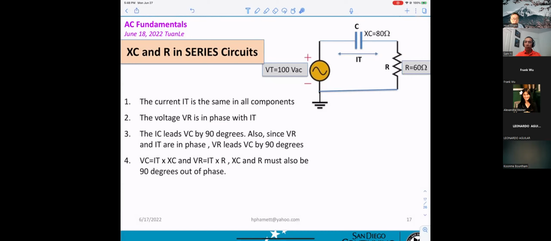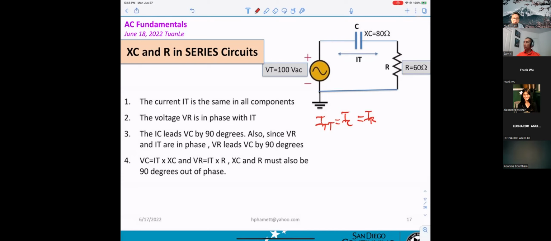How do they say VR is in phase with I total? IC and I total are the same thing.